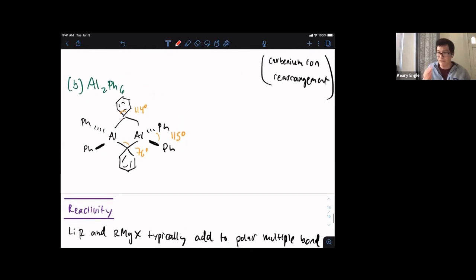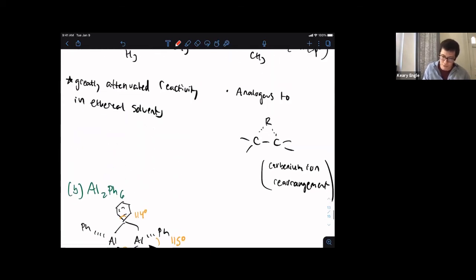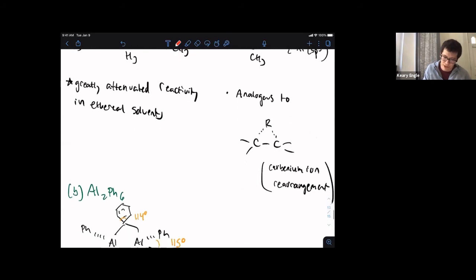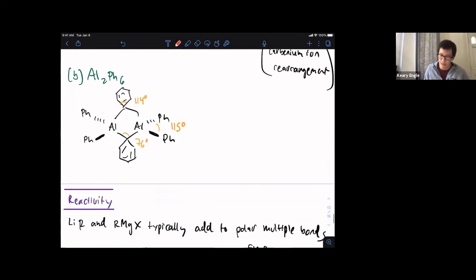Now, in the case of triphenylaluminum, or Al2Ph6, we have a mu2 phenyl group, so that is very much analogous to what we saw above in the case of the methyl substituents. Similar molecular geometry.